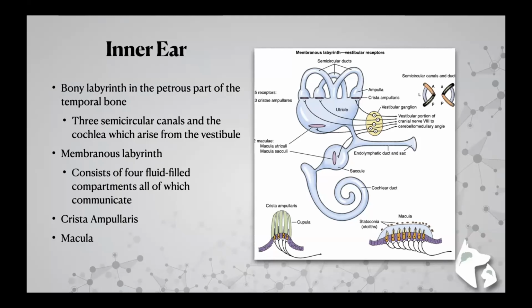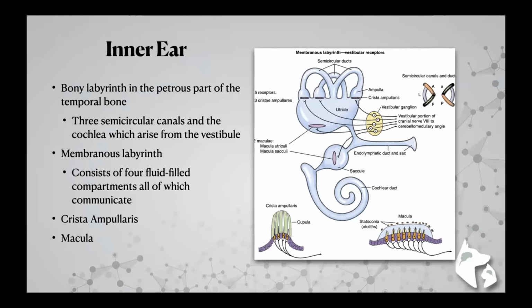The semicircular ducts are within the bony semicircular canals, and then the cochlear duct is within the cochlea. The cochlear duct and cochlea we're not really going to be talking about today because those are involved with hearing. That's a different talk.